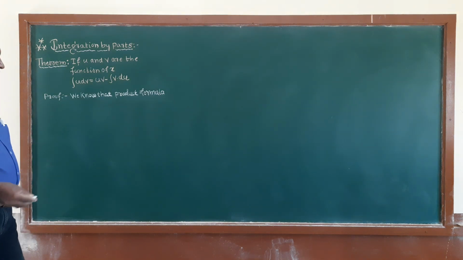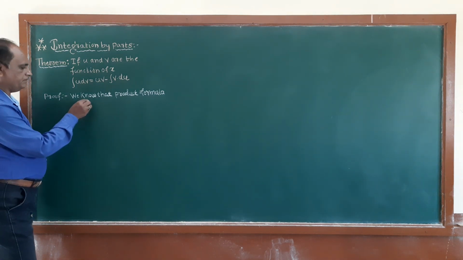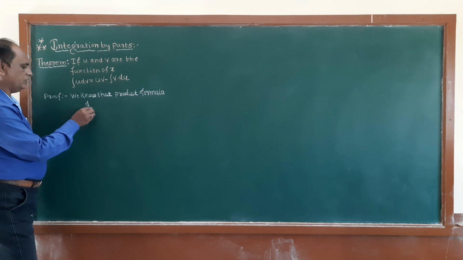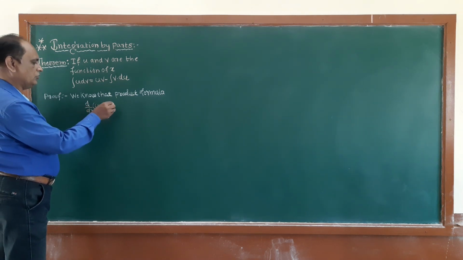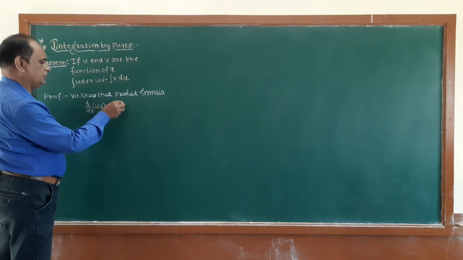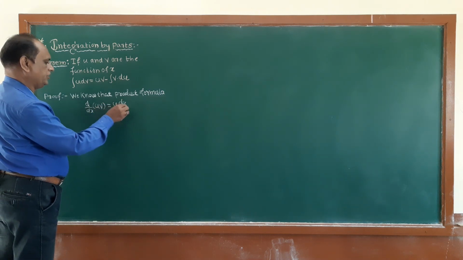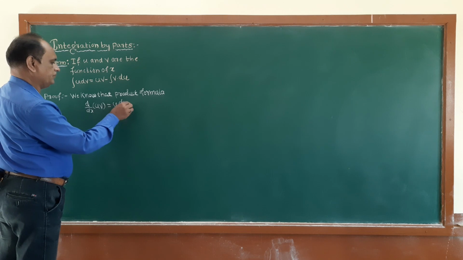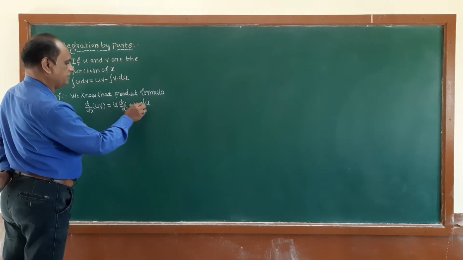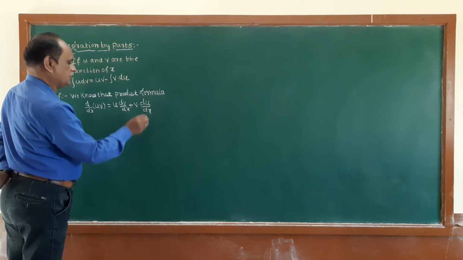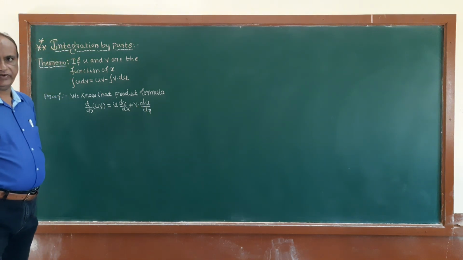That is, d by dx of u into v is equal to u into dv by dx, then plus v into du by dx. So this is the product formula in derivative.